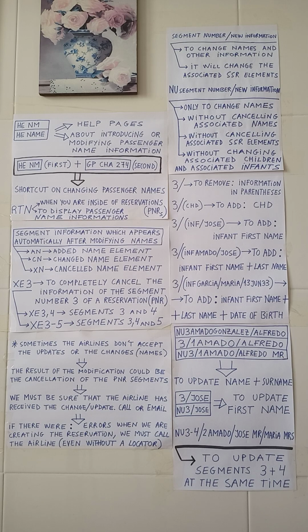In this transaction, we see that after the NU code appears 3-4. This means that we are modifying the information of segments 3 and 4 of a PNR at the same time.